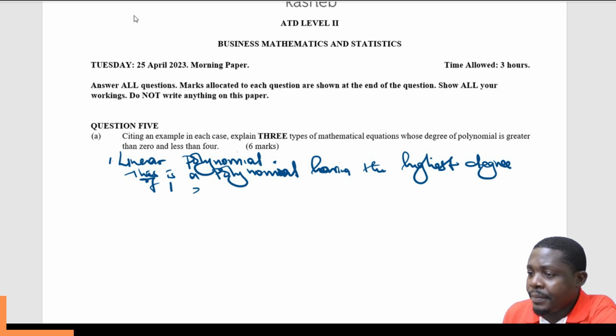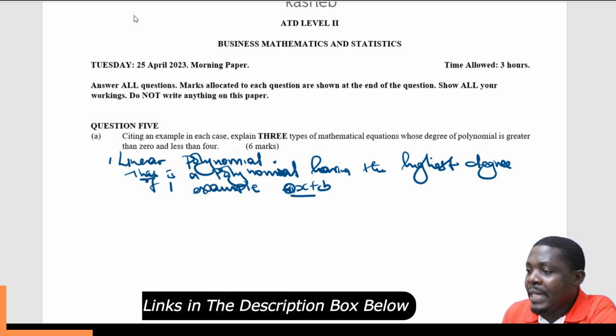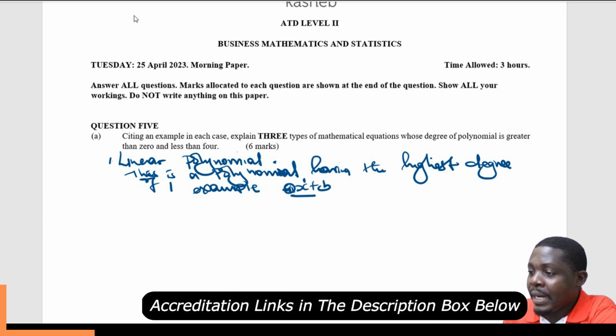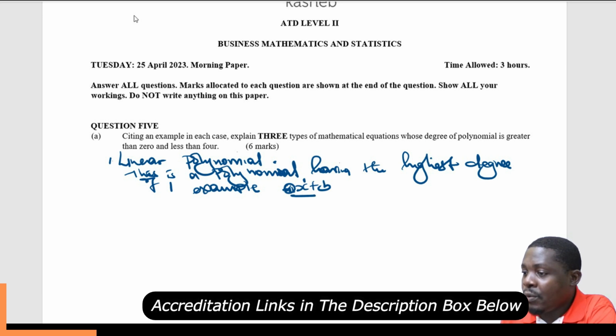For example, we can have a general function of ax plus b, where this x is just power 1. That is the polynomial of degree 1. This is just a general function I'm using.